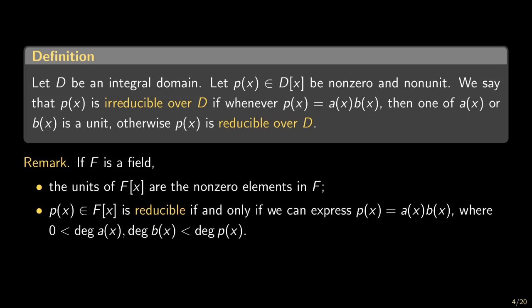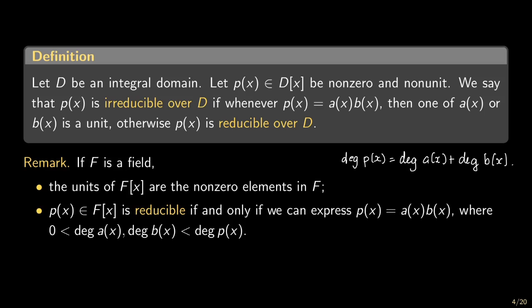Because if one of these has a degree the same as the degree of p of x, recall that we have learned that over an integral domain, the degree of p of x is the degree of a of x plus the degree of b of x, which is a property, right? So if, let's say, the degree of a of x is equal to the degree of p of x, this will force the degree of b of x to be 0, and that will not be allowed because we don't want unit factors, right?